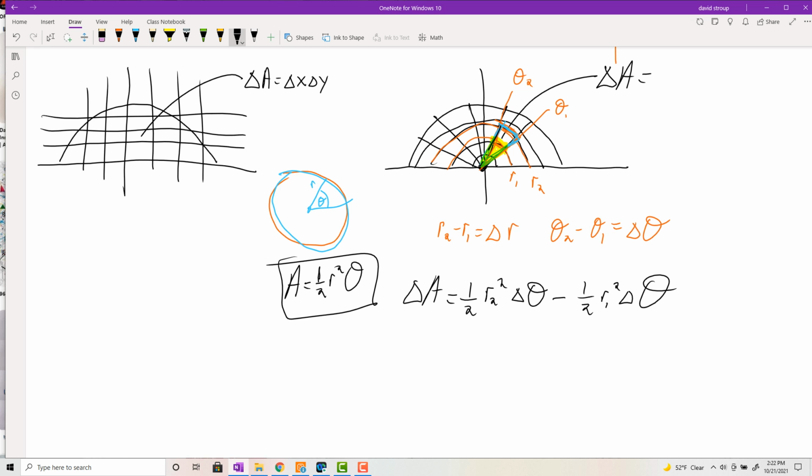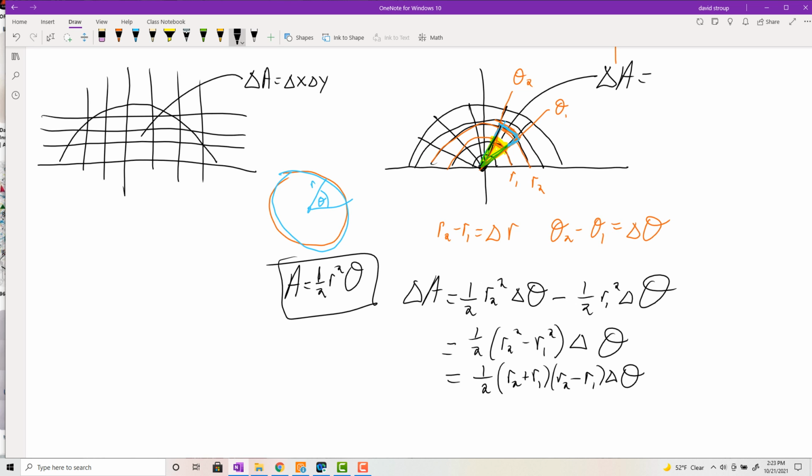I can't use it like this. I need to rewrite it. So what I'm going to do is factor out the 1/2, factor out the change in theta, and I'll have r2 squared minus r1 squared times delta theta. I can factor that r2 squared minus r1 squared as r2 plus r1 times r2 minus r1.